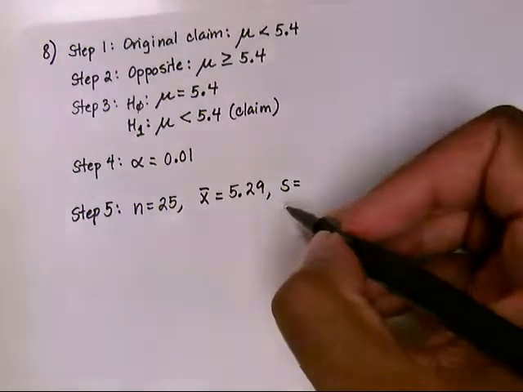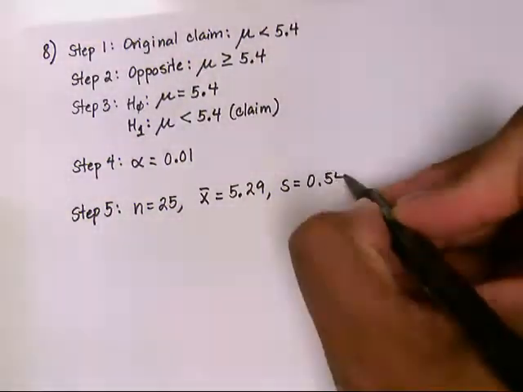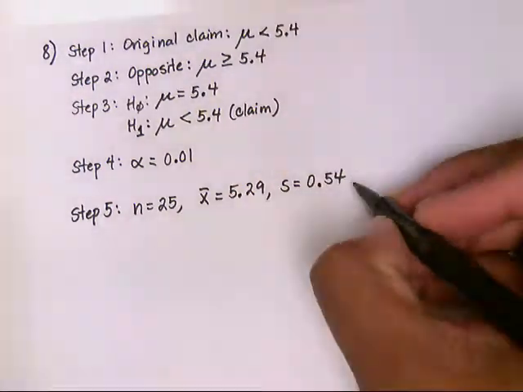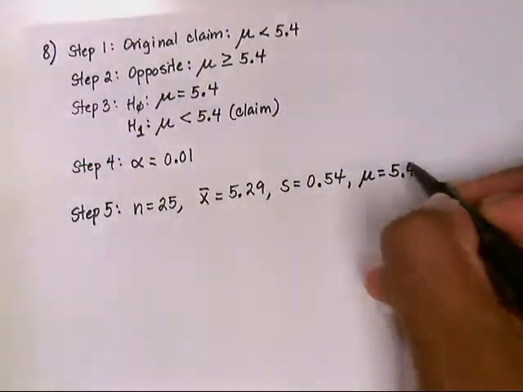The standard deviation was 0.54. And I'll go ahead and write down what mu is. That comes from the null hypothesis, so mu is 5.4.